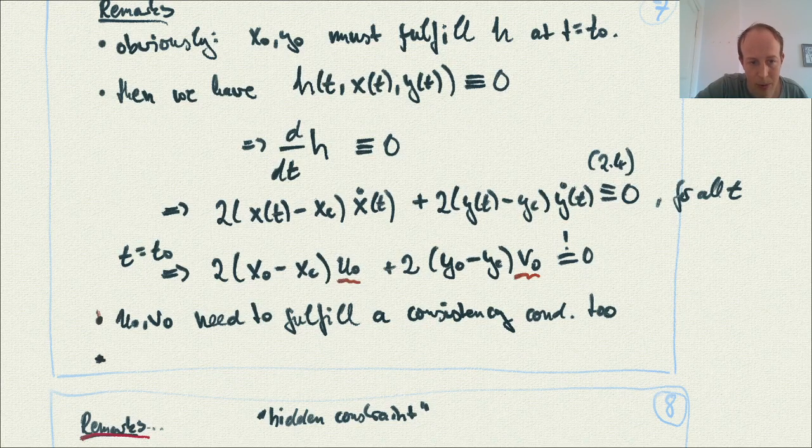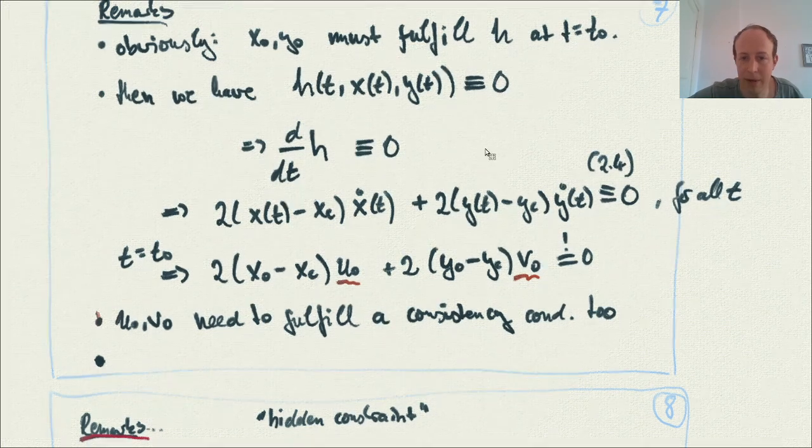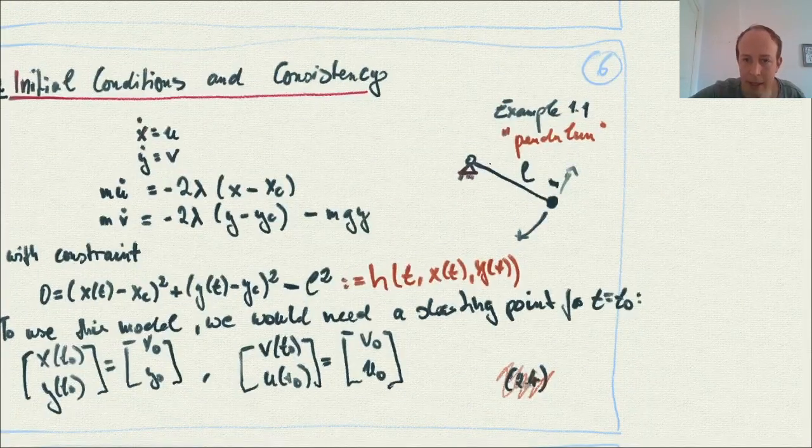One can see this is basically a geometric condition too, meaning that the vector of u0 and v0 should be perpendicular to the vector x0 minus xc and y0 minus yc.